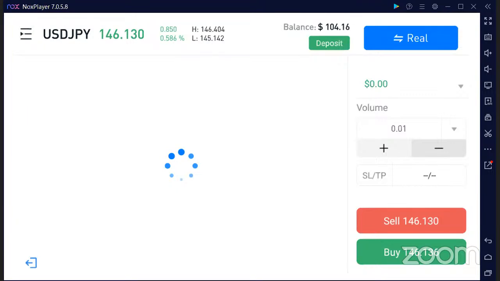Then we have what we call leverage. Leverage in forex is when your broker allows you to control a large forex position with a small deposit. Normally we were not supposed to be able to trade the forex market with $10, or even $100 or $1,000.